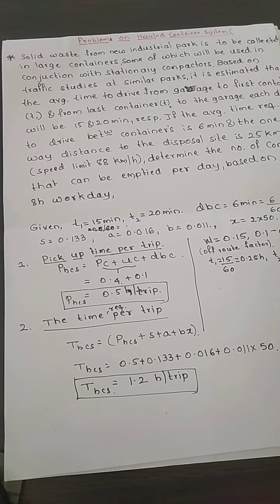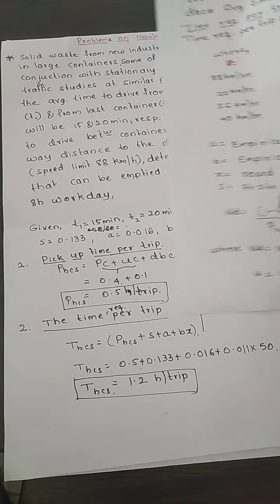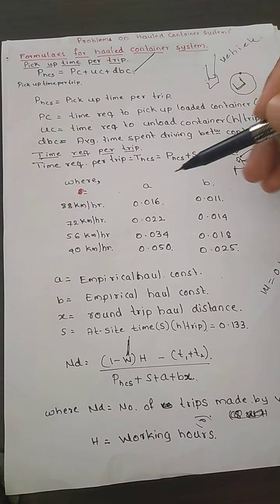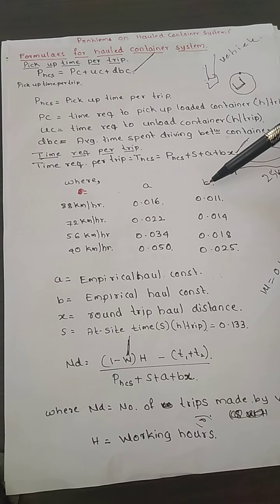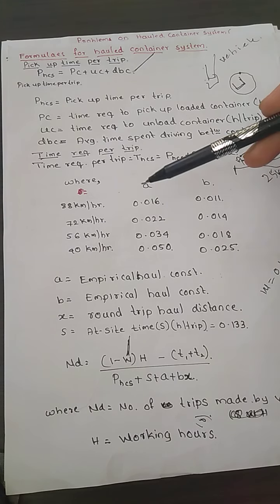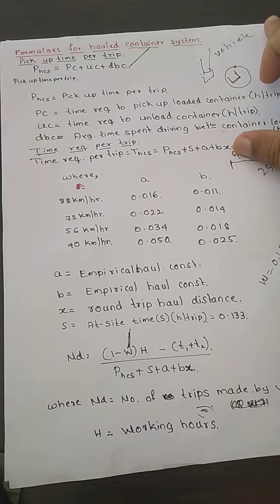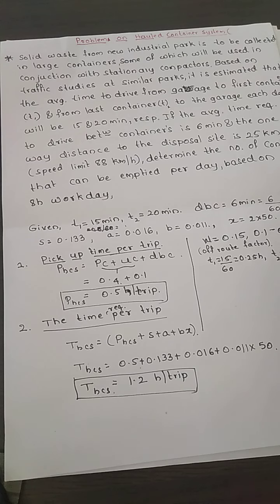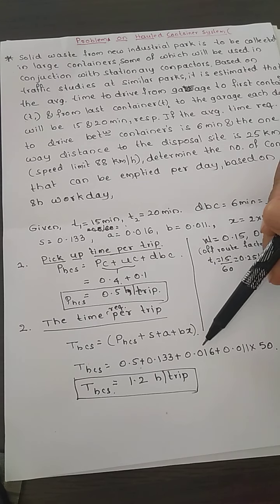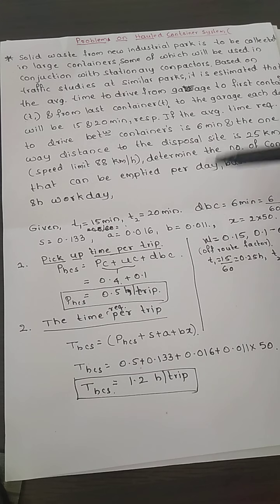Speed limit is 88 km per hour. So for that 88 km per hour, what is the A and B value? As I have told in the previous introduction of the problem, A value will be 0.016, B value will be 0.011. So A value we are going to take as 0.016, and B value we are going to take as 0.011.